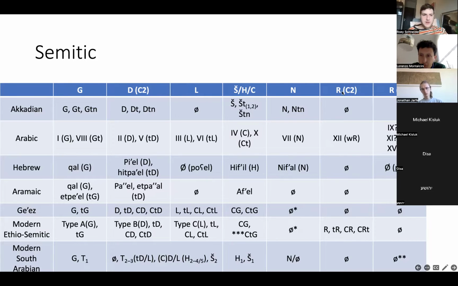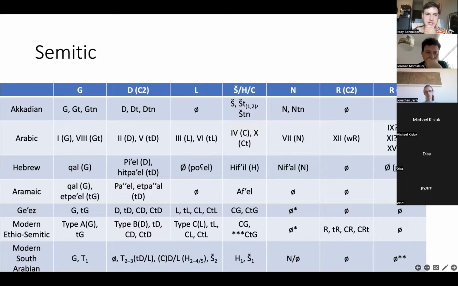Then we have the R, the reduplicated C2. In Arabic, this is the 12th form, 12th weird form, if'awala, which I'm not sure anyone will ever encounter unless you read about things becoming green or something. And this has a rich paradigm only in modern Ethio-Semitic, not even in Ge'ez. So they have the whole shebang, fa'a'ile, tefa'a'ile, afa'a'ile, atfa'a'ile, or astafa'a'ile, or something.